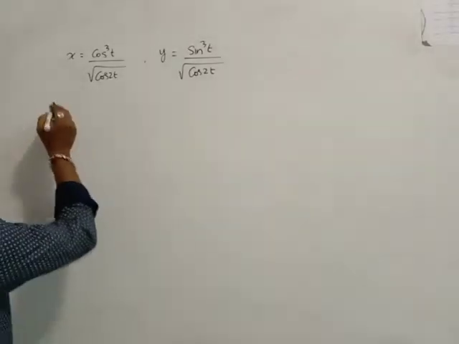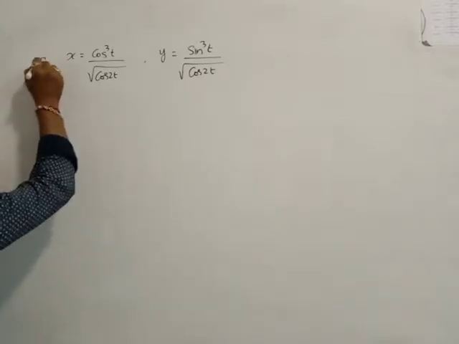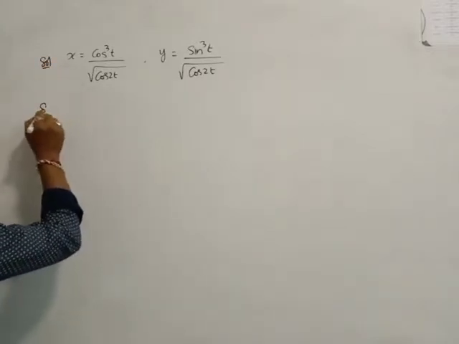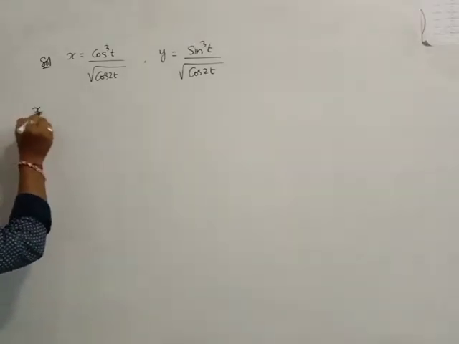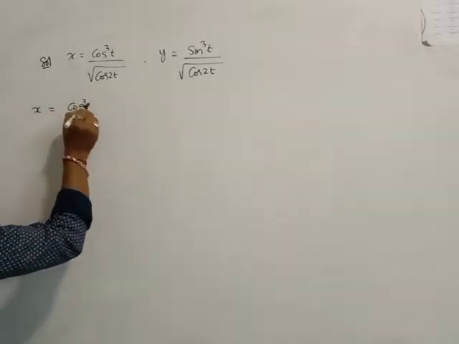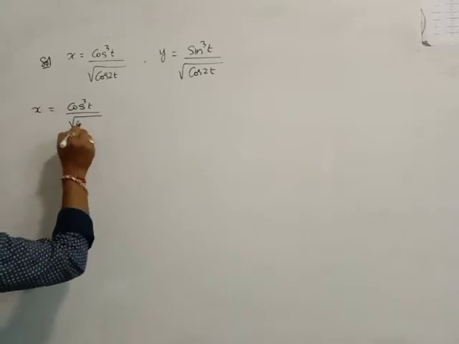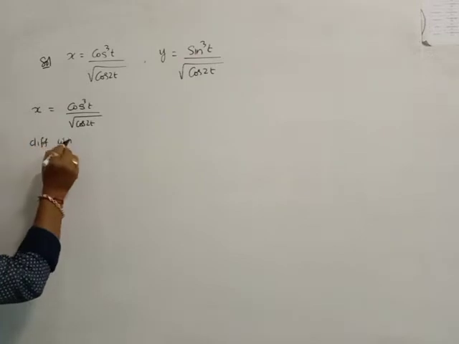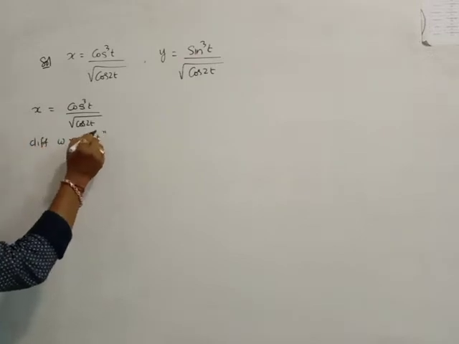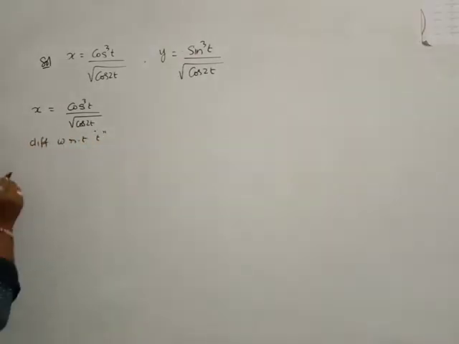Now go to the first solution, the original question again. From here onwards I will start. x is equal to cos cube t by root cos 2t. Differentiate with respect to t. It is the u by v formula.